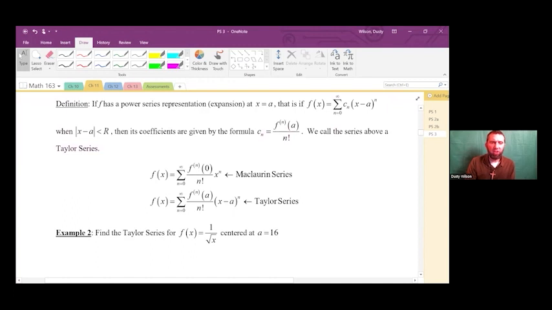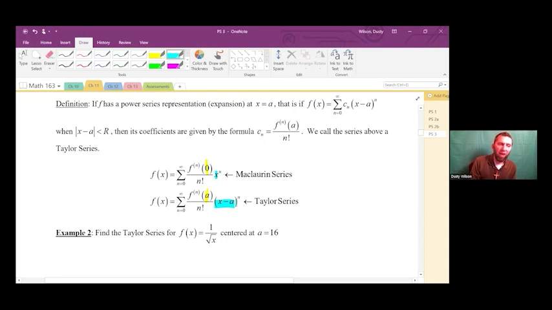So that definition is a little bit wordy. It's a little hard to see what's going on. But what I'd like to do is point out the difference between the Maclaurin series, where we're evaluating the derivatives at 0, and the Taylor series, where we're evaluating the derivatives at a. In the Maclaurin series we have an x. Notice x to the n is the same as 0 to the n when x equals 0, centered at 0, versus the Taylor series, which has an (x minus a) to the n.